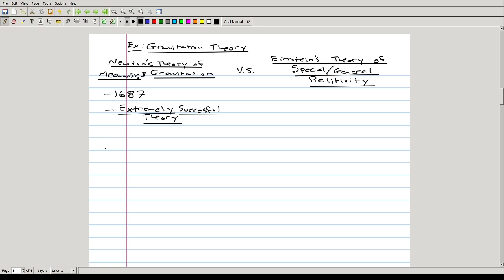It is so successful, in fact, that this theory was actually used to achieve the moon landing in the Apollo missions, which is one of the biggest achievements of mankind. It's also used by current day astronomers and astronauts in current day missions where relativistic corrections are not needed.